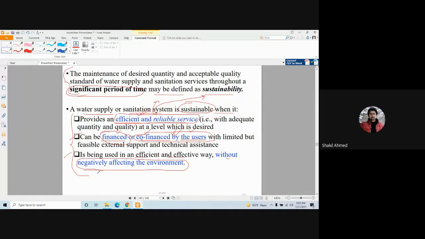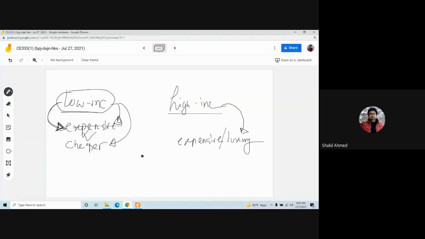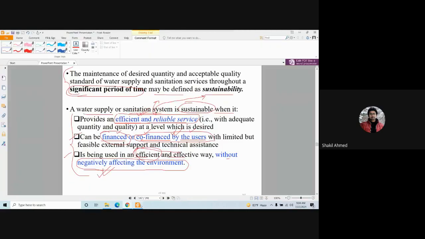And number three is without negatively affecting the environment. That means the system should be efficient. Let me give you an example. There is no leakage in the water supply system, so wastage is reduced. That's an example of not negatively affecting the environment.